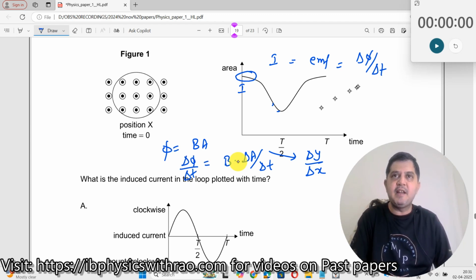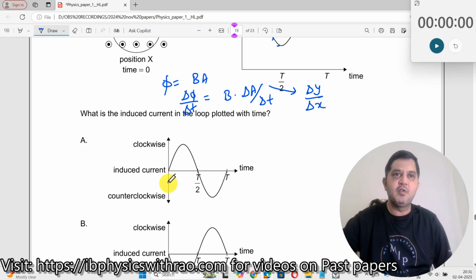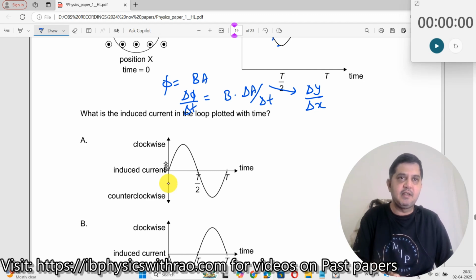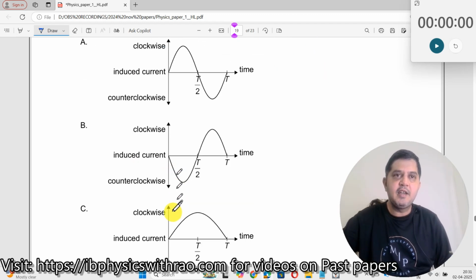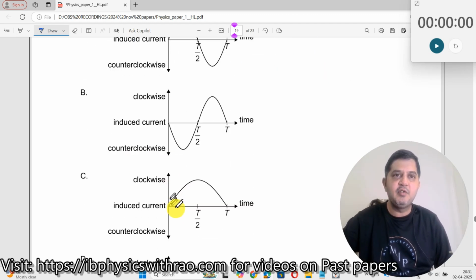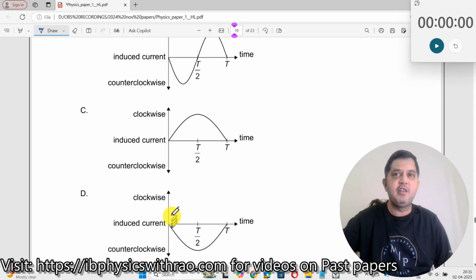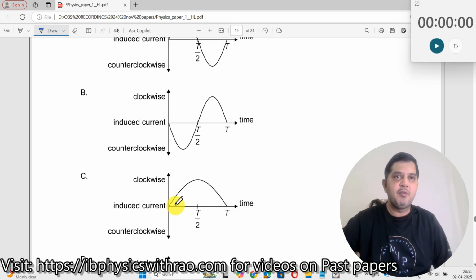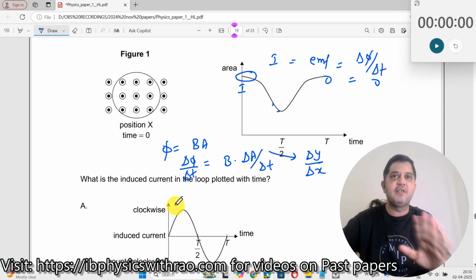Then EMF is 0, and current is 0. So current is 0 here at t equal to 0. I can't put across any boundaries, so I cannot say which one is correct yet.